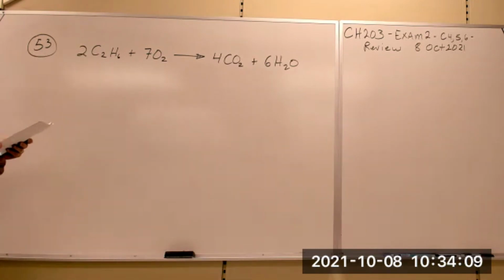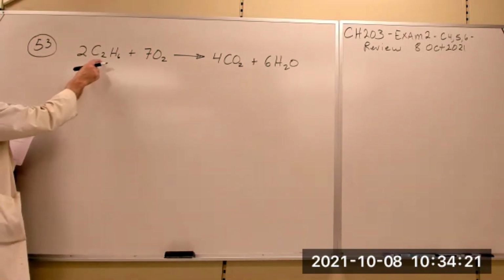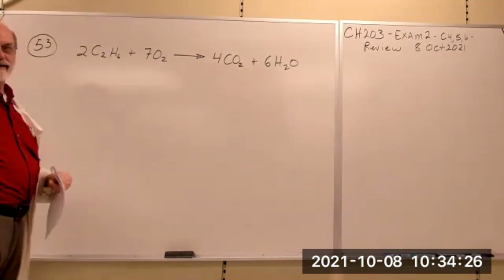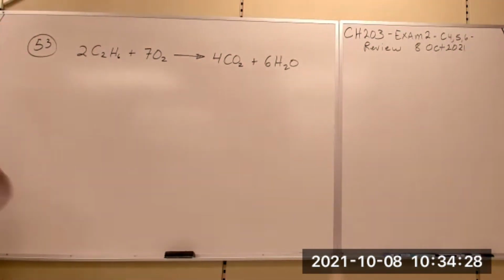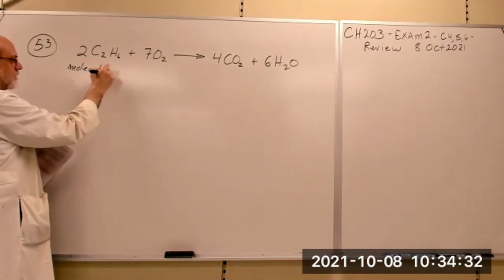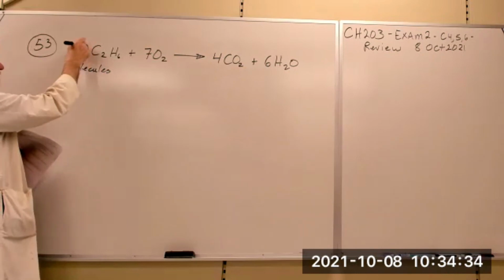The question is, if you start with, let's see, where am I? You start with 2 molecules of ethane. How many molecules of oxygen are required? That's 2 molecules of this one.